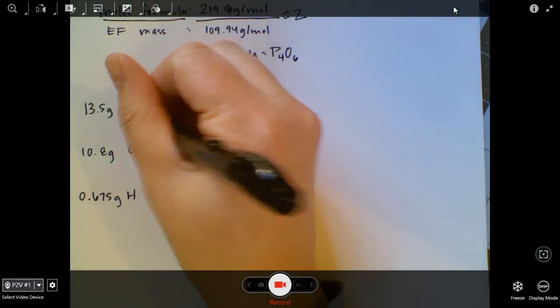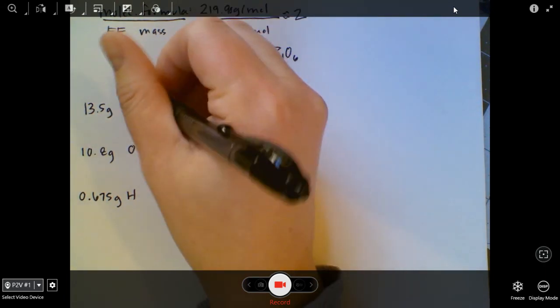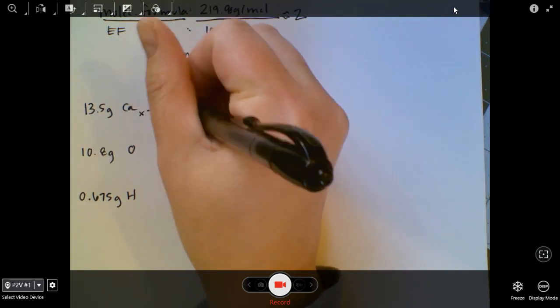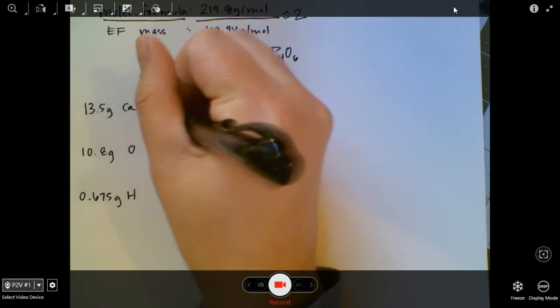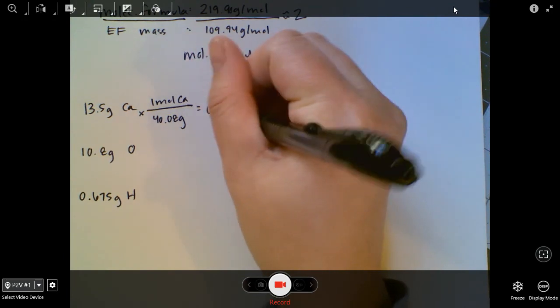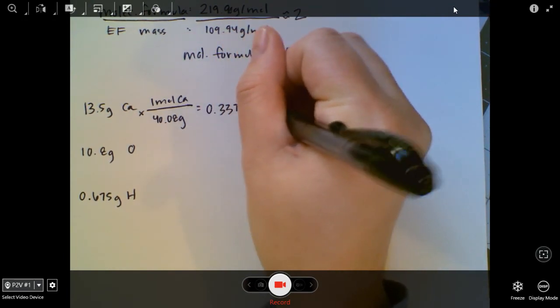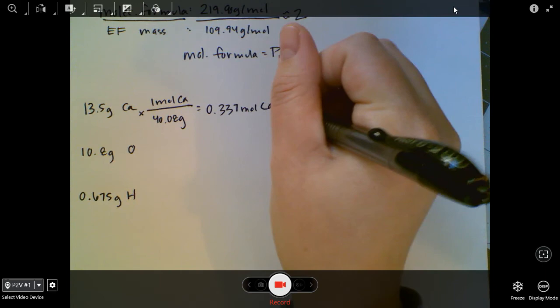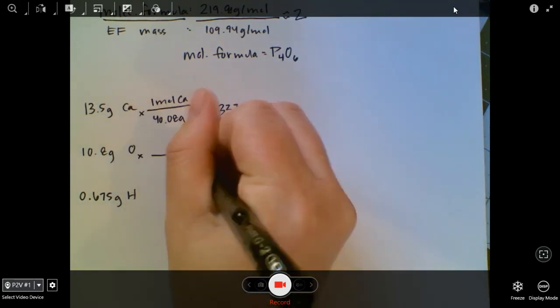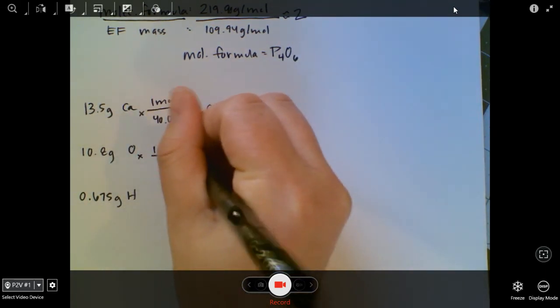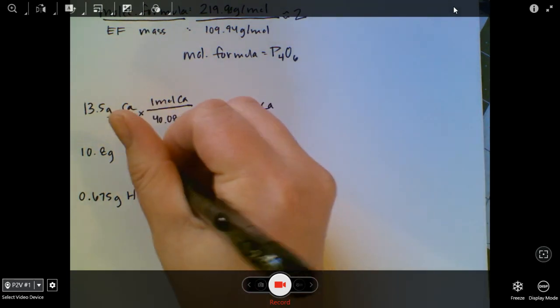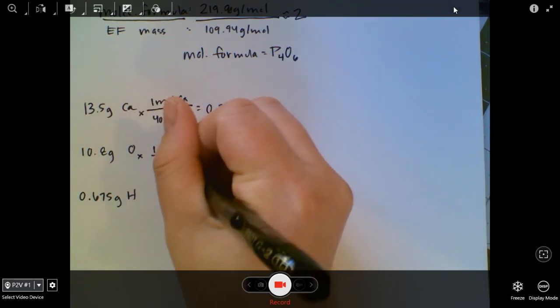So I'm going to convert each of these to moles. And 1 mole of calcium weighs 40.08 grams. And if I do the math and figure out how many moles that is, I get 0.337 moles of calcium. For oxygen, 1 mole of O, again, not O2 here, is 16 grams.